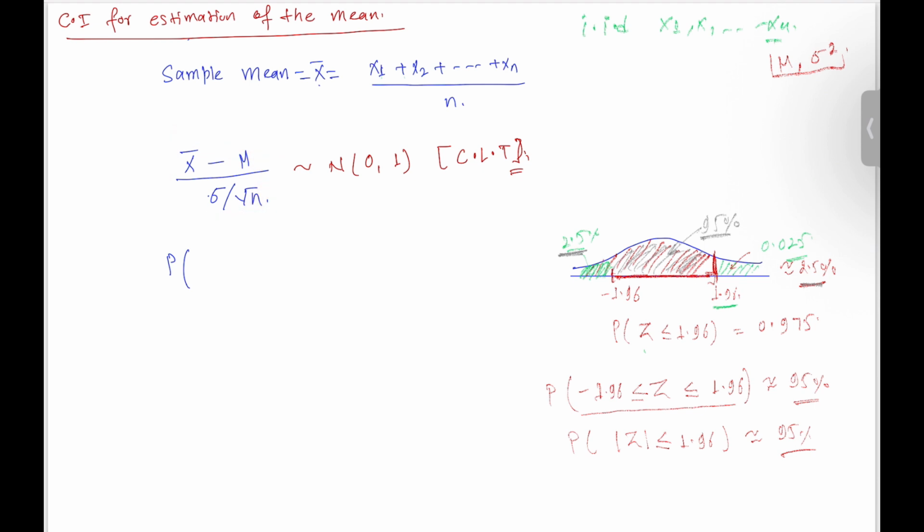The probability of this event, that the absolute value of (X bar minus mu) divided by sigma over root n is less than or equal to 1.96, will be approximately 0.95 or 95%.